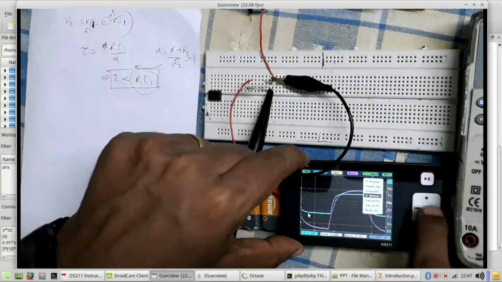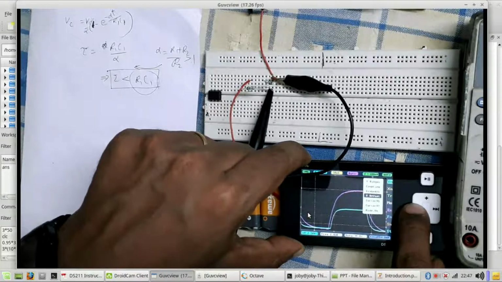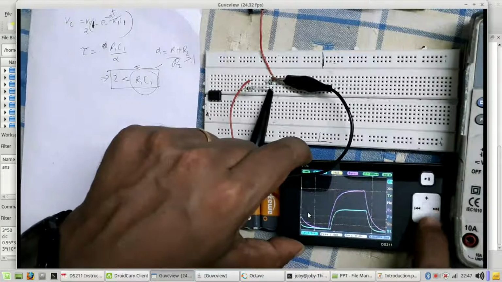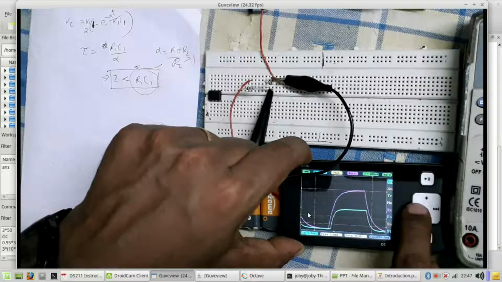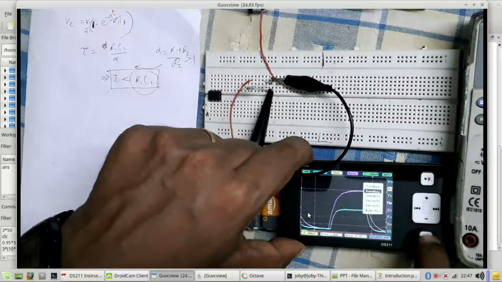Y offset. I'm going to align the Y offset to this. Okay, and then I will go and change the X offset. X offset. Y position.